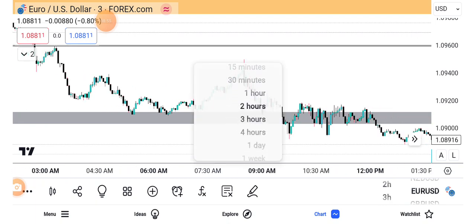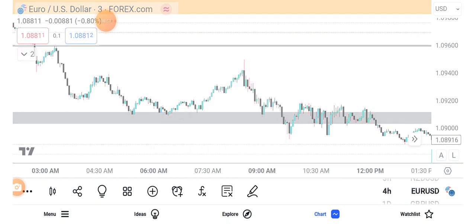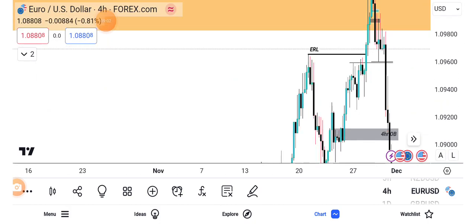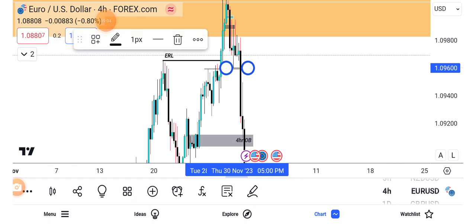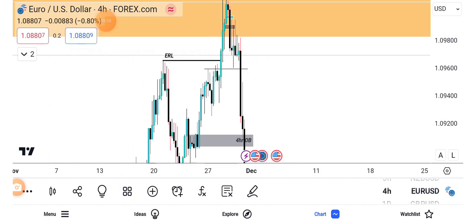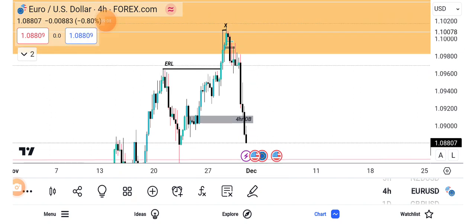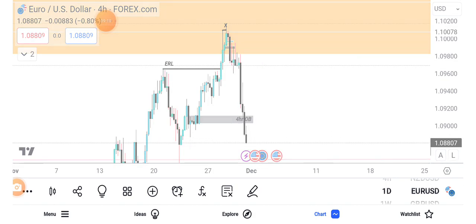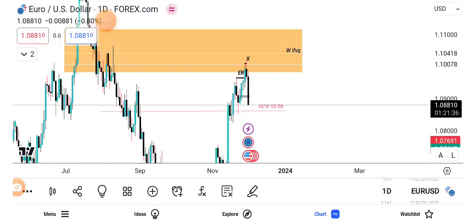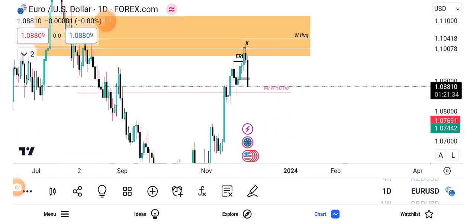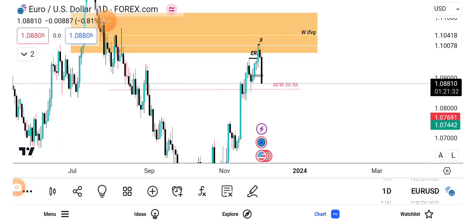So back to the higher time frame, the 4 hour chart, and maybe the daily, because I found nothing on the daily time frame as I was watching price. So go back to the daily time frame. Yeah, price had already retraced to our zone.